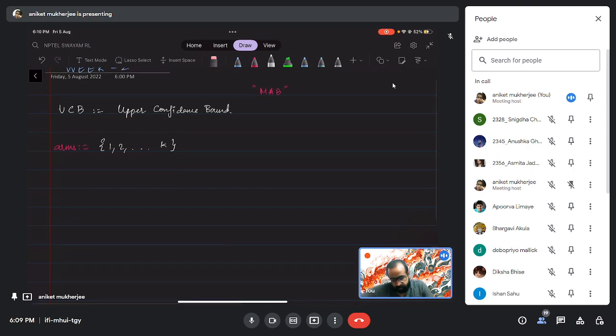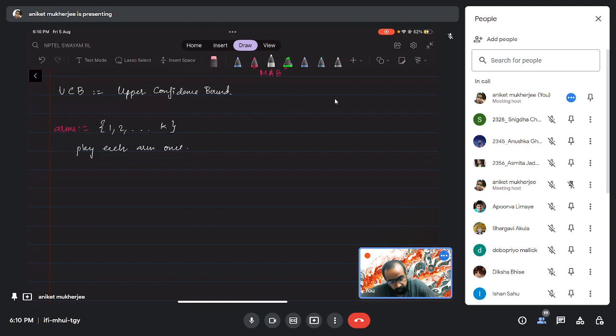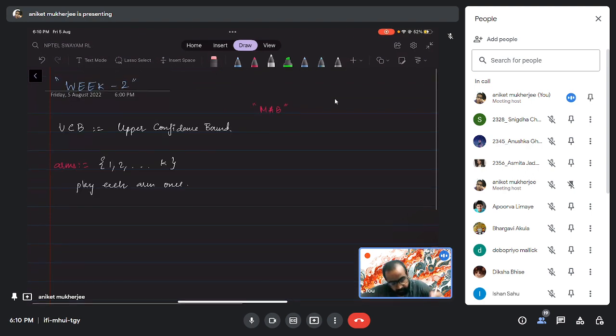What you do first in UCB is play each arm once. Then you have q star i, where i belongs to the set 1 to K, or maybe I'll call it i because of set confusion.